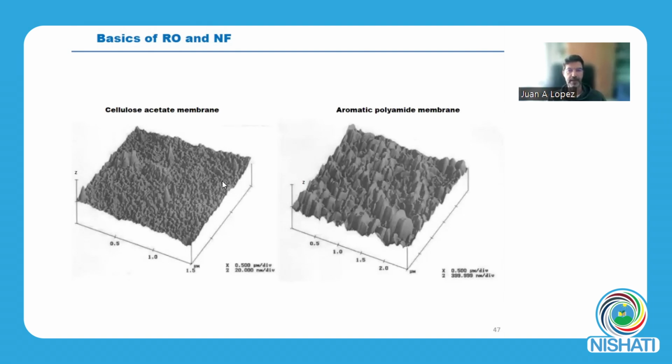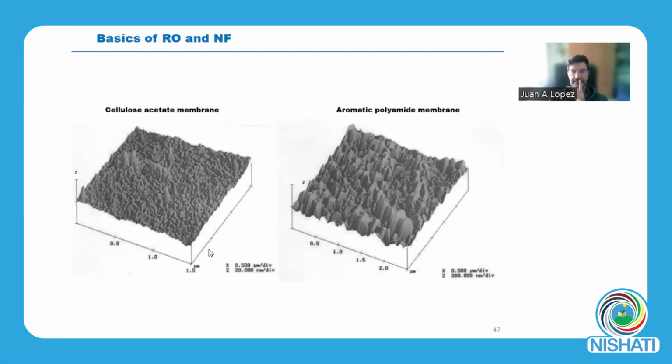If we analyze by atomic force microscopy, this is the surface of the cellulose acetate membrane, and this is the aromatic polyamide membrane. You can see this is almost flat, and this is peak and valley.